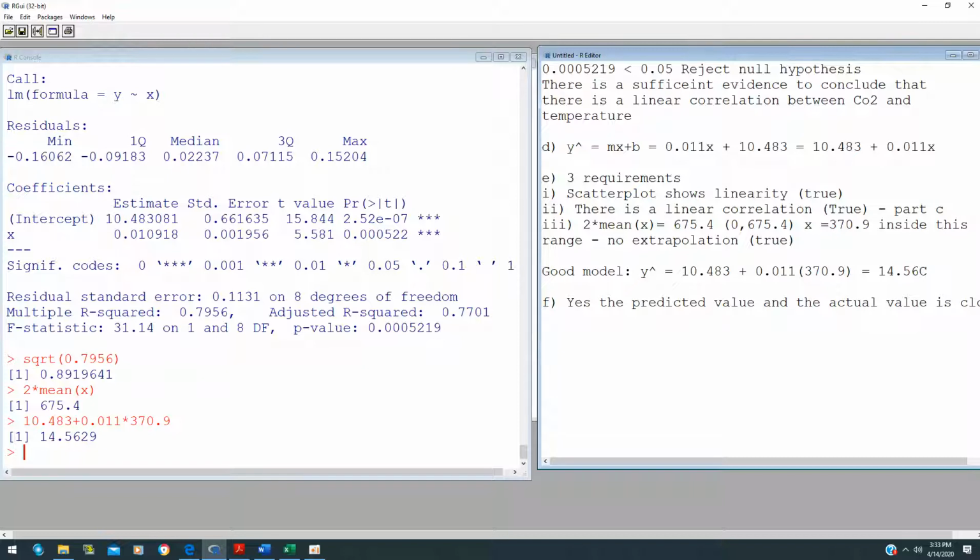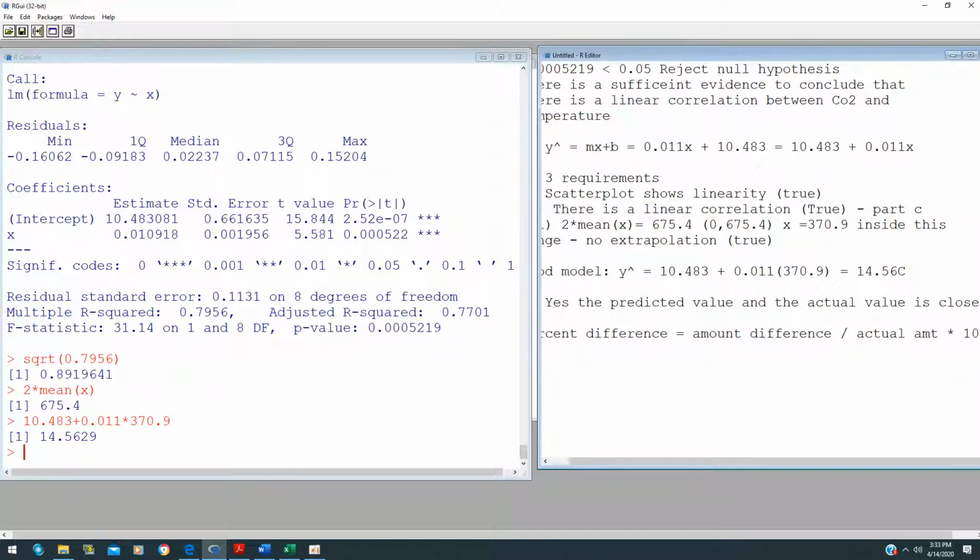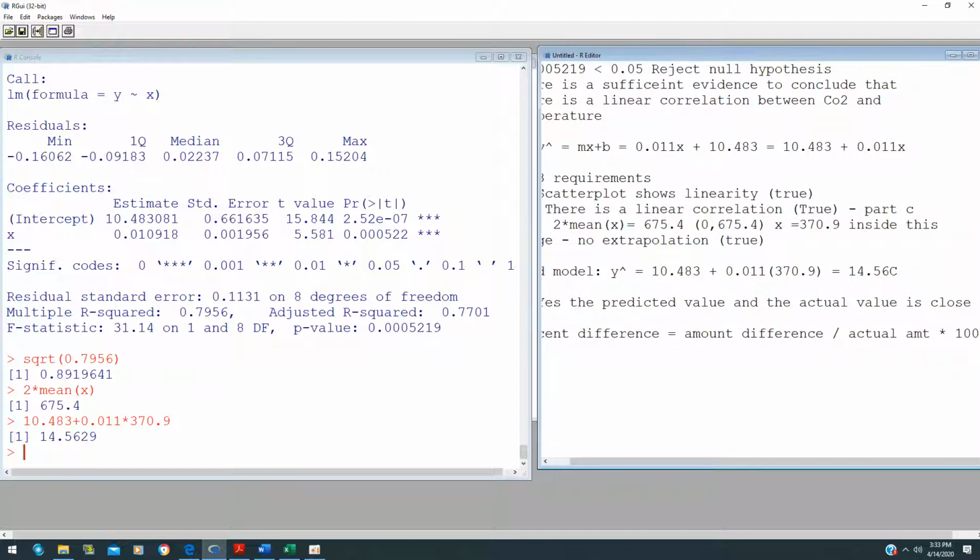So we did this back in chapter 3: you have to find the percent difference. How do you find the percent difference? It is the amount difference over the actual amount, then times 100. So you have to multiply by 100.